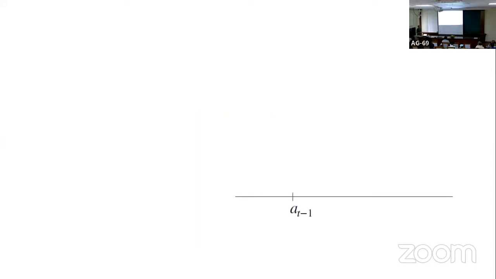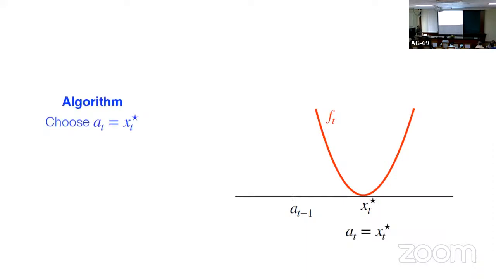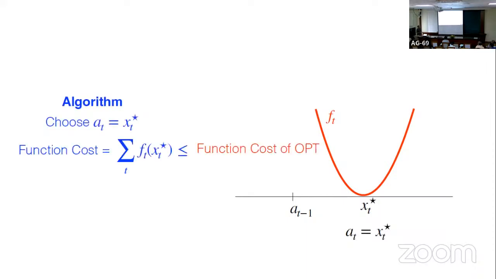All right, let me give you a brief idea of what the algorithms were in the full information model. This is the obvious greedy algorithm. You are at time step AT minus 1, I show you FT because of the full information, and I just go to XT star. That's one possible option: just play greedy. Because of this, the function cost will always be less than the function cost of OPT, because OPT cannot do anything better looking at just the first.